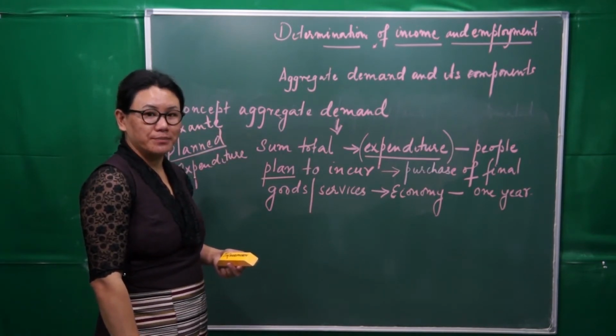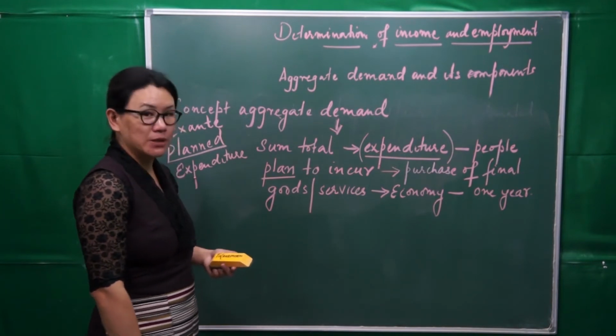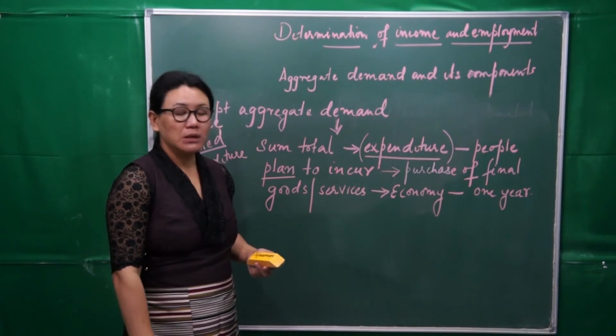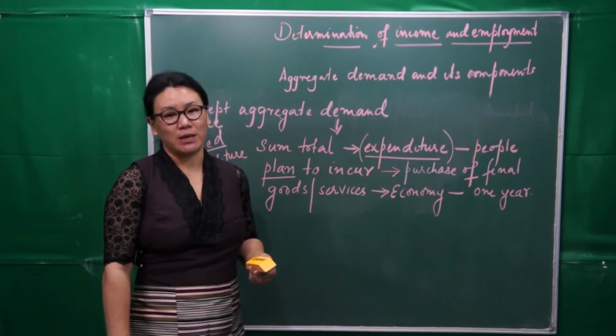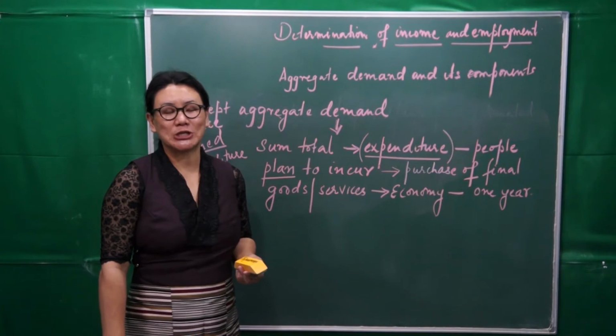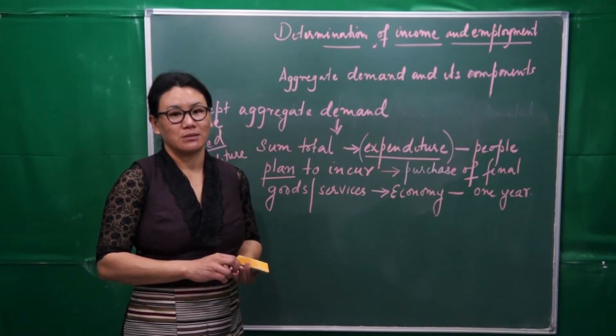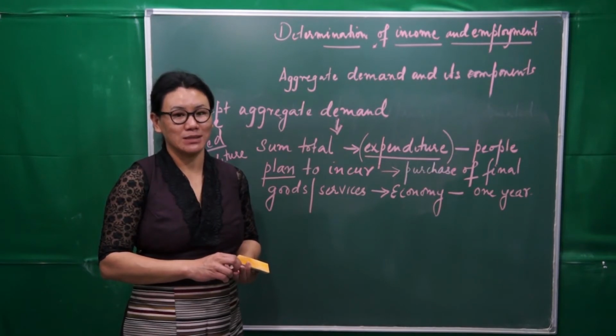When we say it is a planned expenditure, it means that the people are planning to spend on the purchase of goods and services. So that is called as planned expenditure.